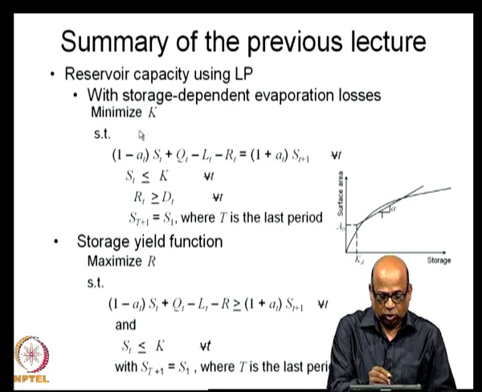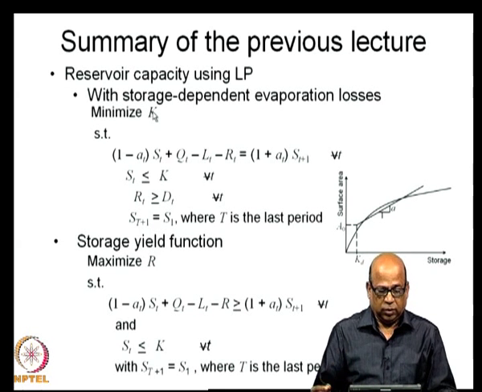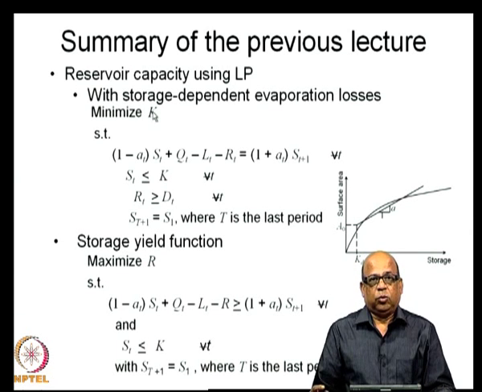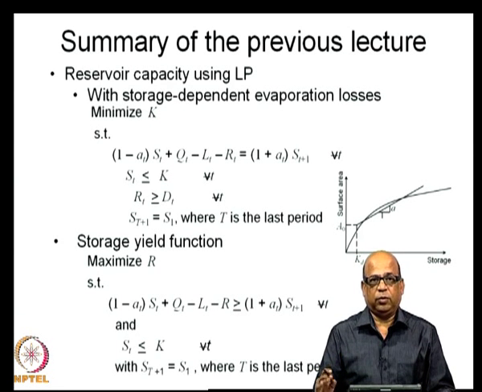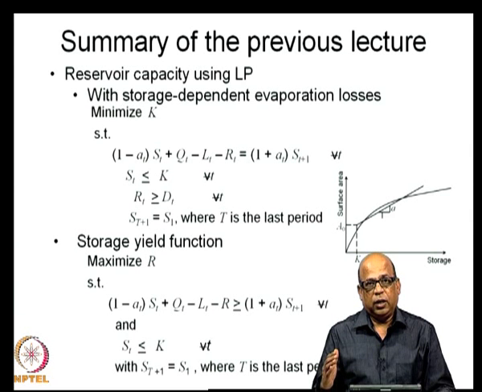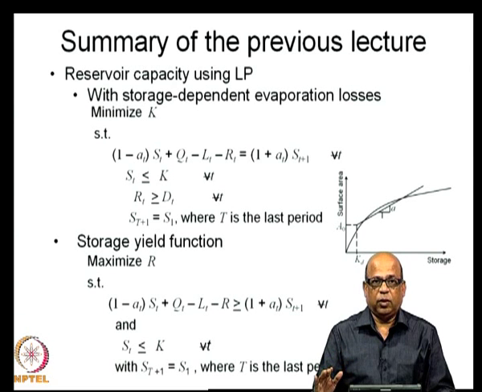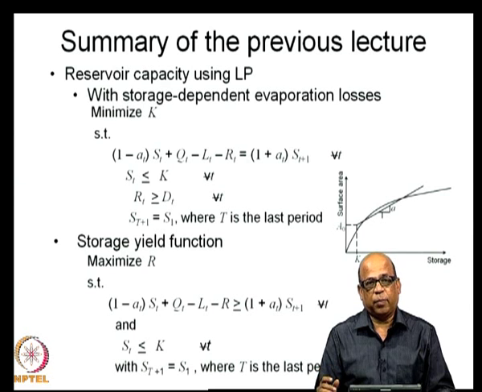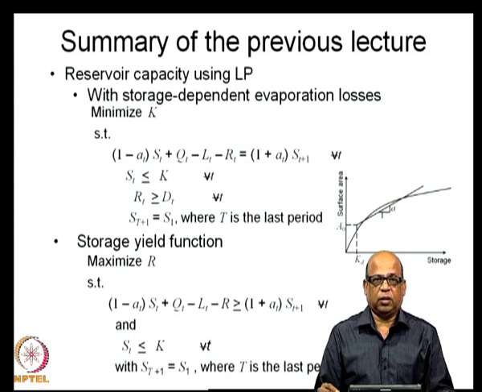Then we solved this example to obtain the minimum capacity. This is the first level of exercise that we do in reservoir systems, where for a given sequence of flows, we want to determine the minimum reservoir capacity, and remember we are talking about the active reservoir capacity or the live capacity of the reservoir.